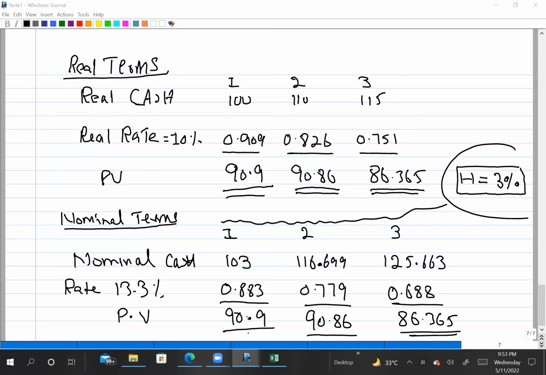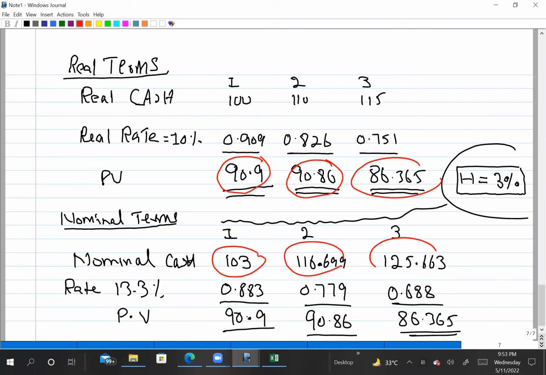So you can see that whether we use the real cash flow and real rate, or whether we use the nominal cash flows with the nominal rate, the answer will be the same.